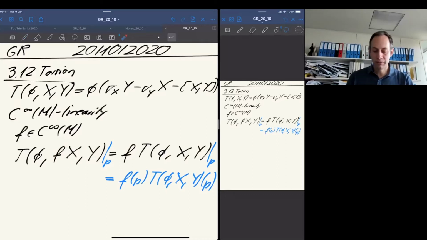So in other words, what I put into the tensor, if I change this at a point different from P, then nothing will change if I evaluate the result at P. And that's really a locality property that needs to hold. And only if that is true do we speak of a tensor. So a tensor has to satisfy this C infinity linearity. So in other words, if we say that this is a tensor, we need to verify that, and we need to verify that for all the arguments separately in principle.